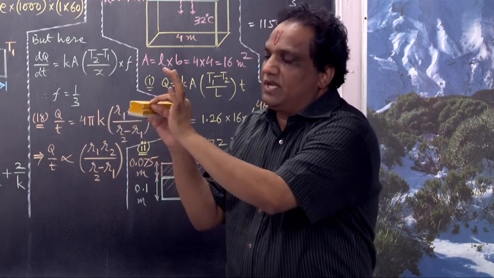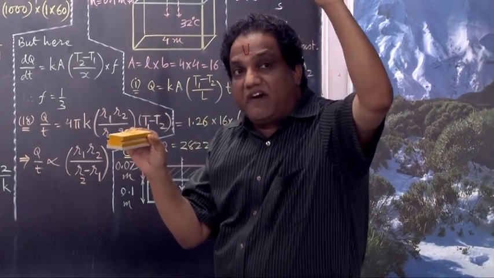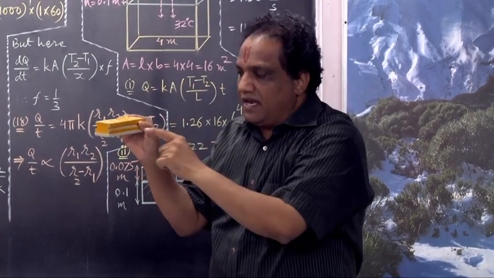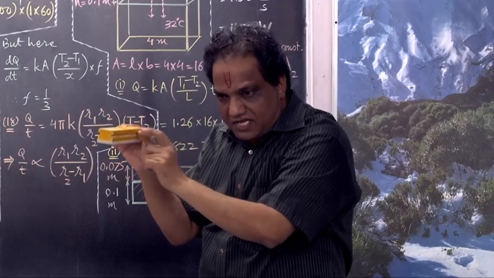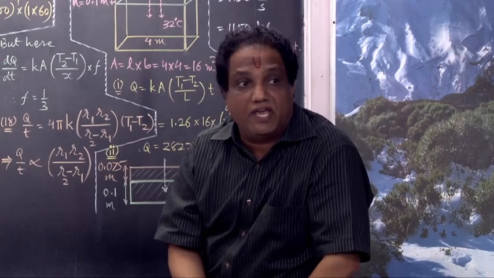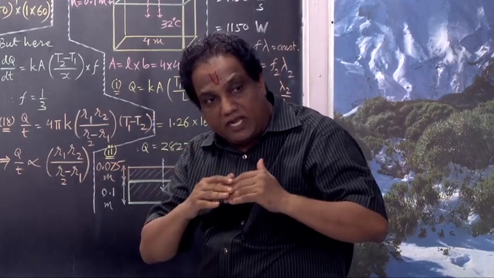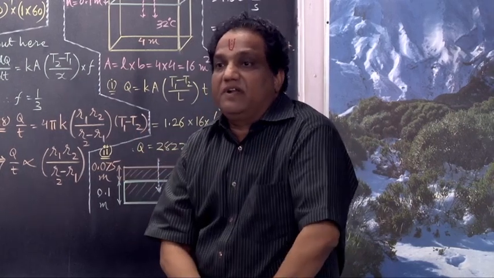So in the superficial part, the rate of losing heat energy is fast, and in the inner part, the rate of losing heat energy is very slow. So in the same body, heat is being lost at different rates.